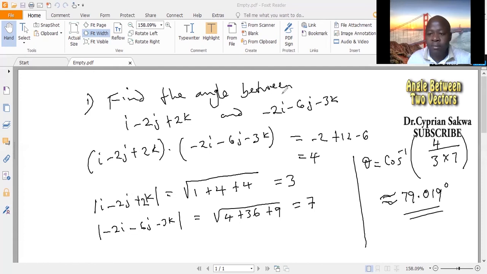We can have one more example so that we understand the concept of the angle between two vectors.